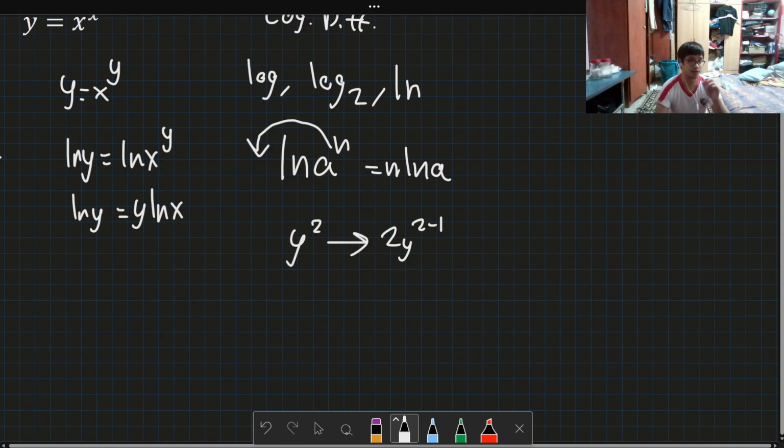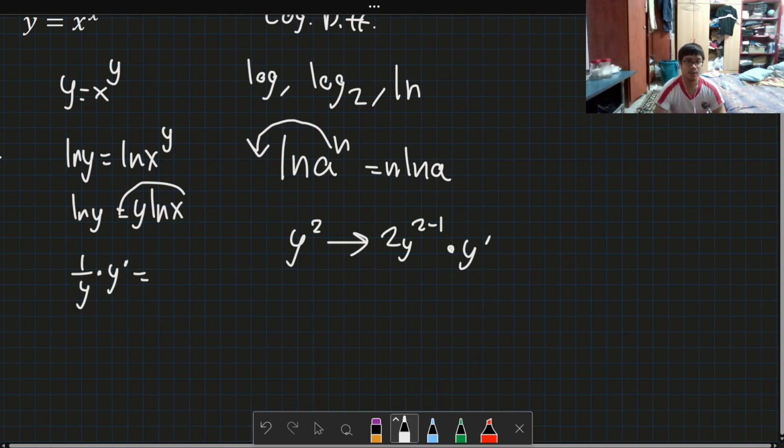But remember, after you get the derivative, you put y prime beside it, or dy all over dx. It's up to you, dy all over dx or y prime. But point being, after you get the derivative of a function that has y, don't forget to put y prime. So therefore, the derivative of ln of y is 1 all over y times y prime.